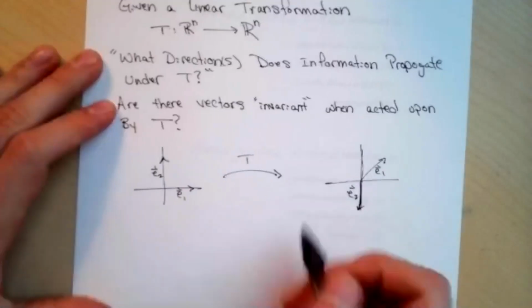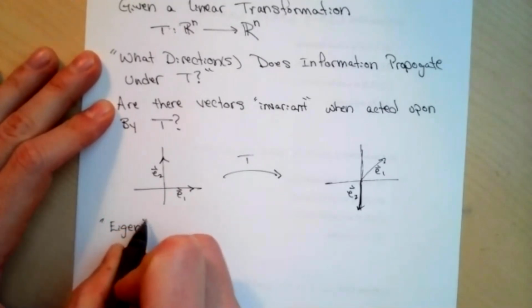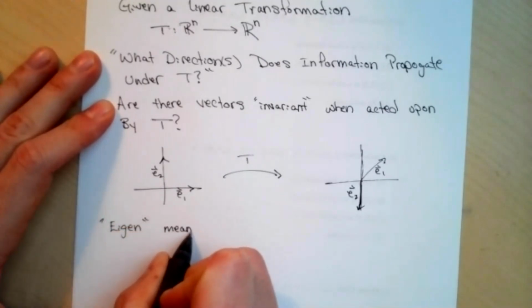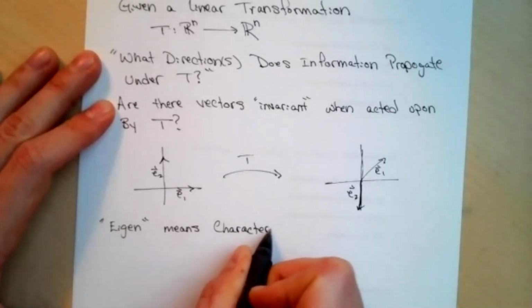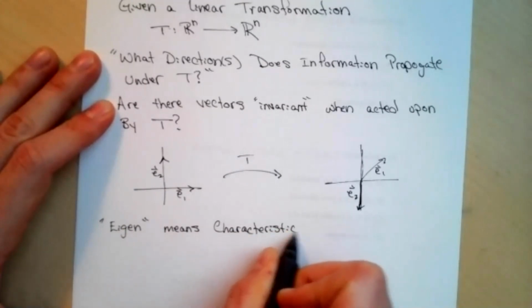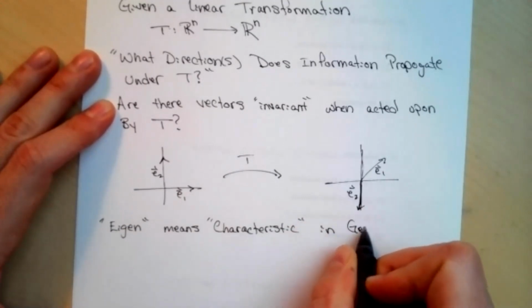So the word eigen means characteristic in German. So that's where it comes from.